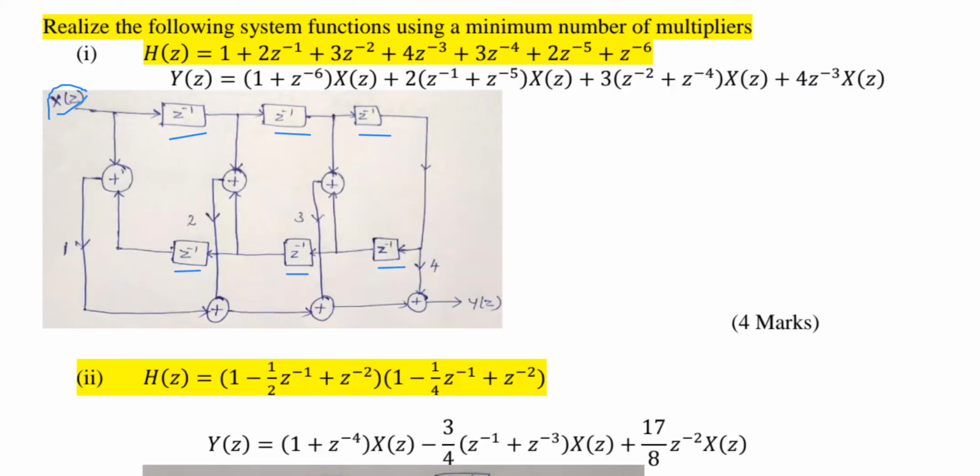Then we join X(z) to the first delay element, and each delay element to the next one, and similarly join all of them.